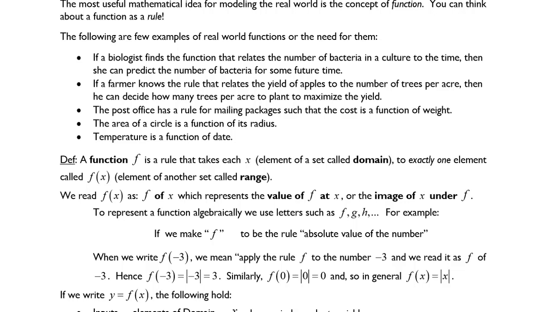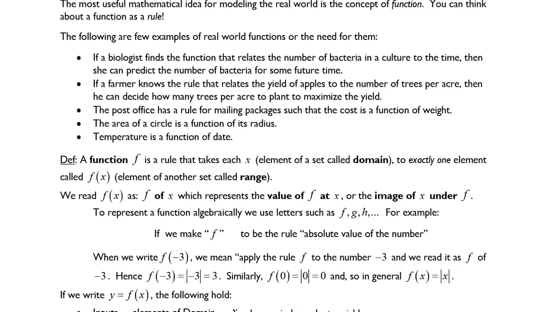A definition for a function is this: a function f, because usually the default notation is an italicized f, is a rule that takes each x, an element of a set called the domain, also an input, to exactly one element called f of x, element of another set called the range.